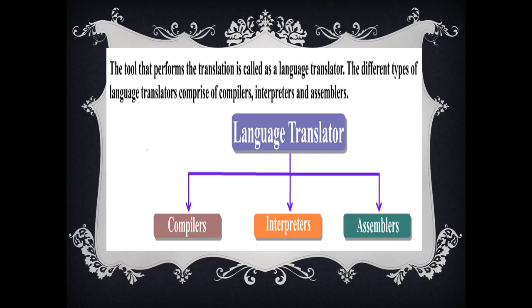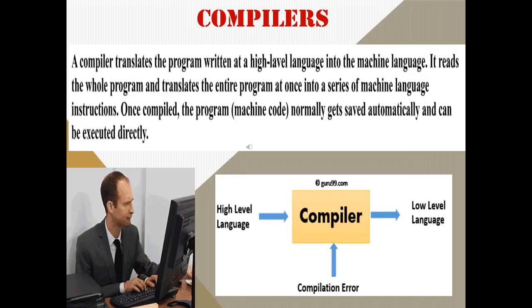Let's see one by one. One is compilers. A compiler translates programs written in high level language into machine language. We already know that high level languages like C, C++, Java can be written in English by us, while machine language contains zeros and ones.